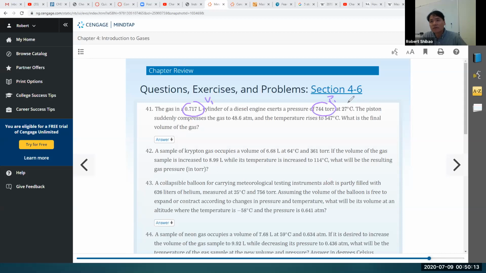At 27 degrees C, we'll call this T1. Now there's a problem. The problem is this. If you look at Charles' law, volume is mT plus b, we have two intercepts. One is if the temperature is in Celsius. If the temperature is in degrees C, then the intercept is plus or minus 273 degrees C.